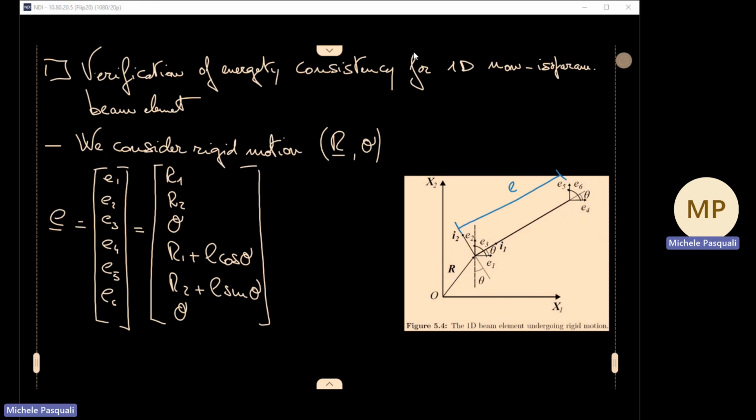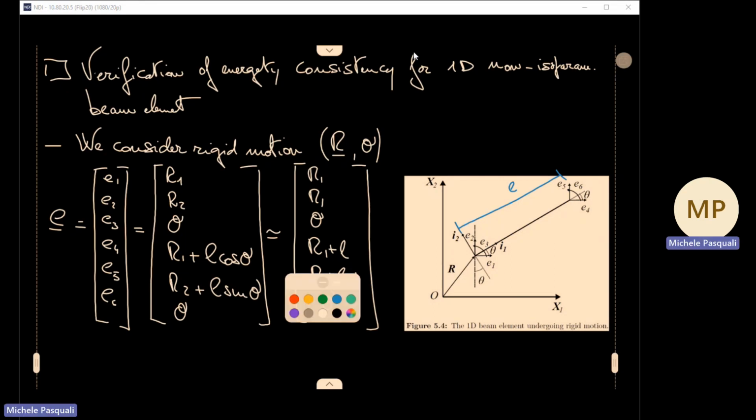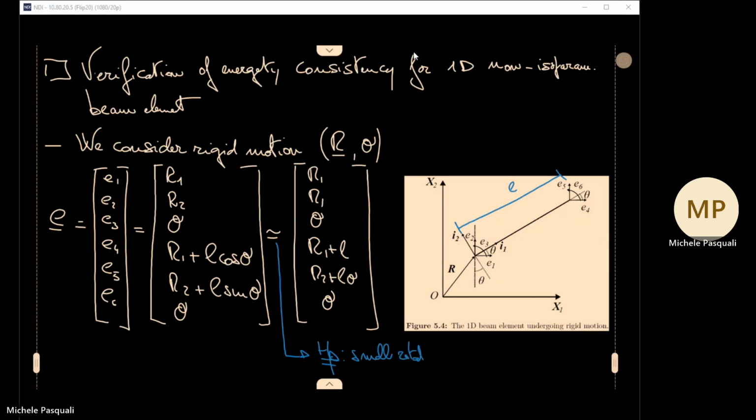Now, in the hypothesis of small rotations, this becomes like this. So we linearize basically the trigonometric function.